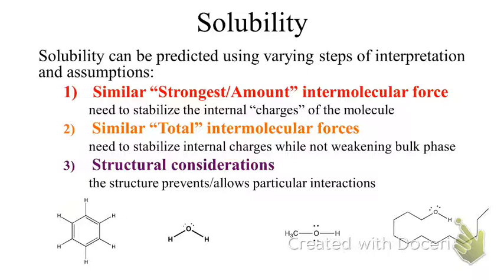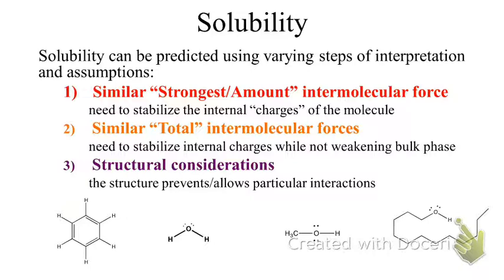So we'll look for the similar strongest force between them. If they have similar strongest forces, more than likely those two compounds will mix because the polarity or the partial charges generated from those strong forces can neutralize across molecules. So that's a good first approximation.